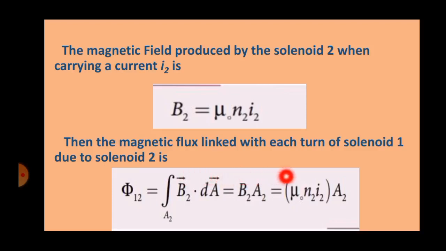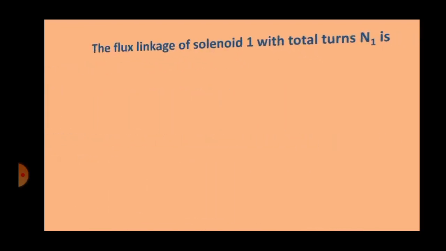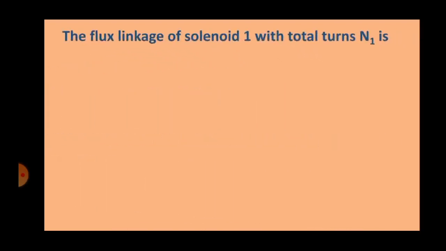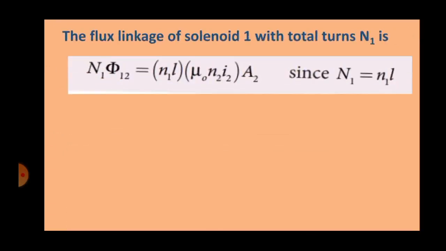Now substitute the value of B2, mu naught n2 I2 into A2. Are you clear, children? Now the total magnetic flux linked with solenoid 1, with its total number of turns N1, is given by N1 phi12, where N1 is equal to small n1 into L. Now substitute here mu naught n2 I2 into A2.